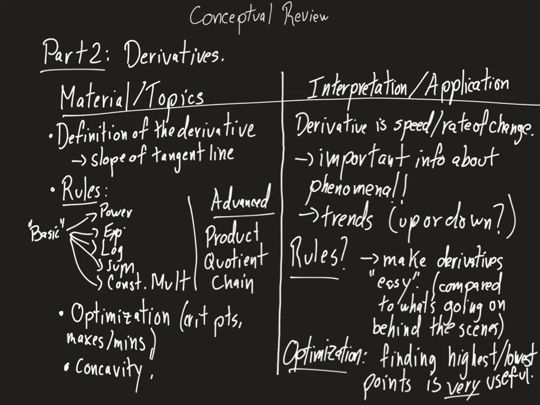Now, obviously, as I said, Part 2 is the meatiest section of our course. So it might seem sort of weird to have spent less time in this video going over all of this derivative material than I just did in Part 1. But the reason for this is that even though this stuff fits in this small table here, the actual amount of time that we took to develop all of these rules, to develop the definition of a derivative, to develop even the definition of a tangent line, and to go over all these ideas of optimization, obviously took quite long, even longer than it took to go over all of the materials and topics from Part 1.